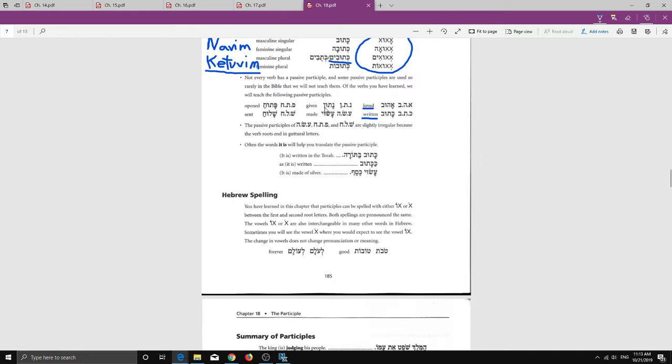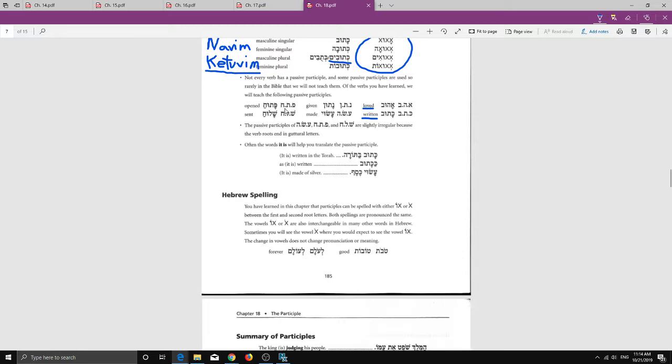Nun tav nun, natun. So something that is given, or the given one, depending on context. Ayin sin hey is asuy, something that is made, as opposed to oseh, a maker.